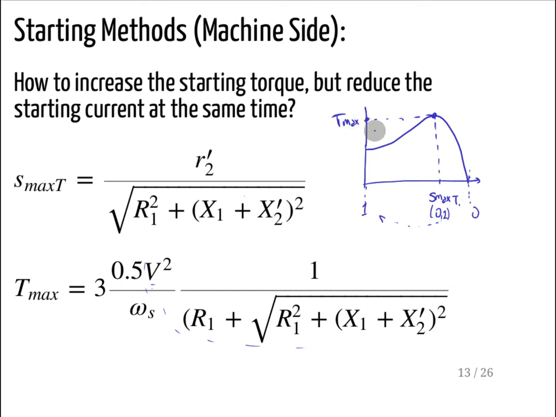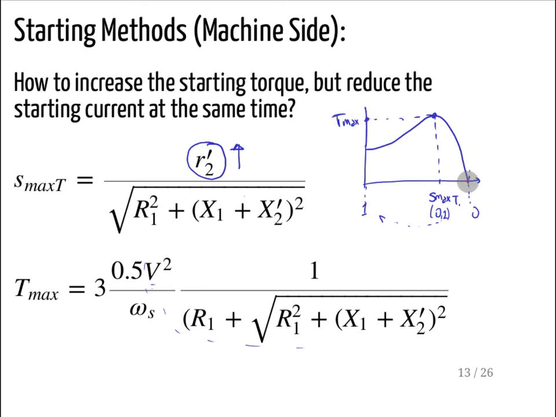Again, this is not desirable for every application, but there are some applications where you want maximum torque during startup. The method to do that, as you can see, is if I can find some method to increase that R2 prime over here, it will not have any effect on the maximum torque value, but it will bring the point where the maximum torque occurs to that condition.